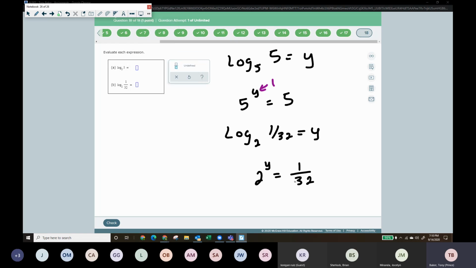You have to know that it's going to be a negative because it flips over to a fraction. Now 2 to what power is going to give you 32? And it comes out to be 5. So you have to remember that the fractions are always going to be negative values. So the first one's 1, and this one's negative 5.